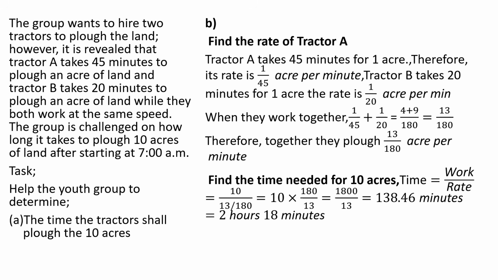Then we have our second paragraph that helps the youth group to determine the time the tractor shall plow the 10 acres. Now I came here and I said, remember in your primary mathematics, you used to have such numbers. Tap A can fill the tank in 5 minutes.